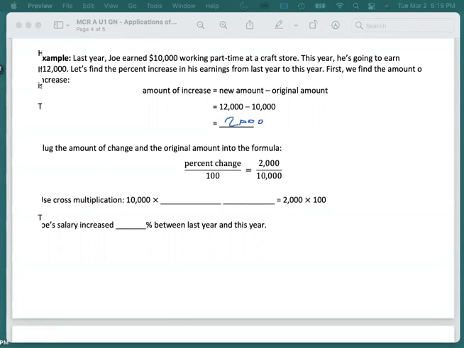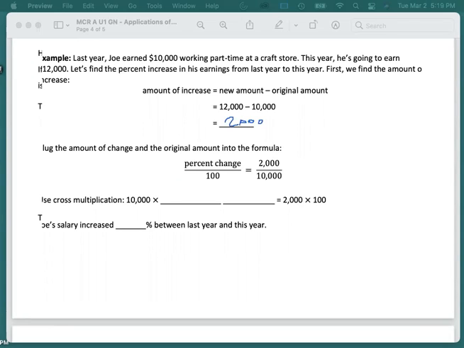And we want to know how much percent increase or decrease that is. So we have $2,000 over the original 10,000, how much he made the first time. And they're cross multiplying here. So 2,000 times 100 on the right, and then 10,000 times the percent change is what we're looking for.